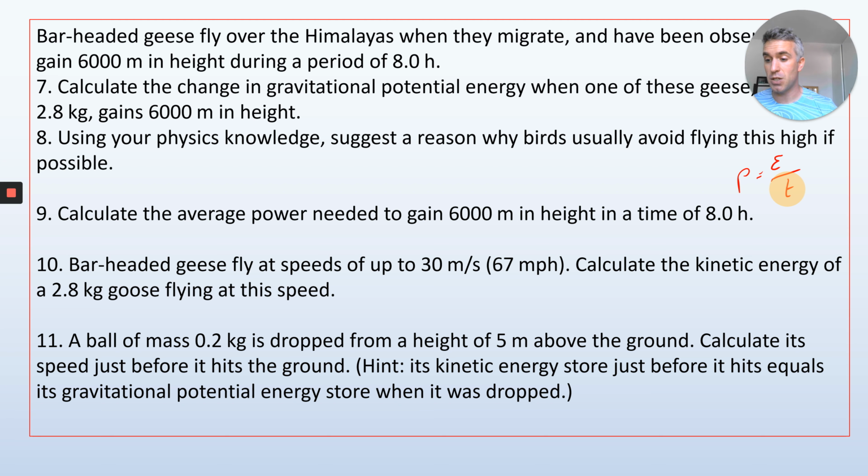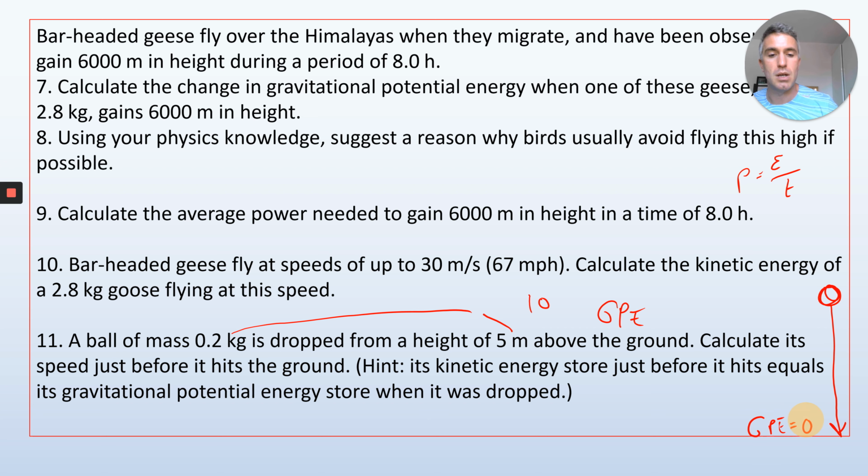A ball of mass 0.2 kilos is dropped from a height 5 meters above the ground. Calculate its speed before it hits the ground. Ooh, this one. Okay, so you can use this and the number 10 to work out its GPE. Once you've worked out its GPE, you know that when it's on the ground, GPE equals 0.